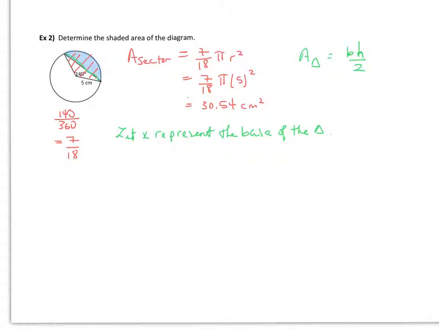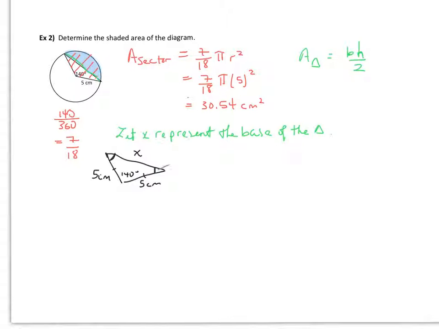If I look at that triangle, believe it or not, I actually do know 2 sides, and I know the contained angle. I know the radius is 5 centimeters, so that means this other side is also 5 centimeters. They're equal, the radii, that makes this an isosceles triangle. I could actually solve for these angles in here. And eventually I want to get that side x, which is across from the 140. So we could potentially use either cosine law or sine law on this question.